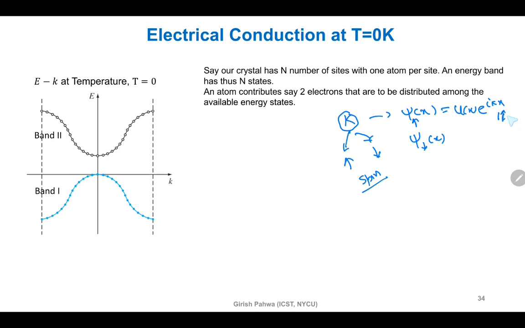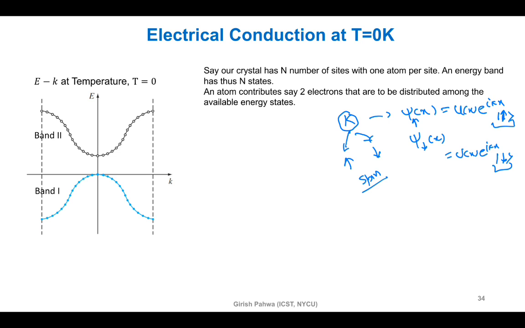So this is, say, up. Similarly you multiply e to the power iota kx with a function which is different for different spin. So for one k you can have two eigenfunctions. In the Schrodinger equation we did not consider the spin, but you can simply remember it.